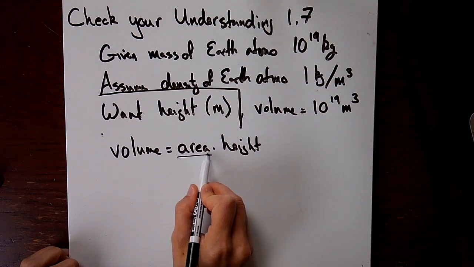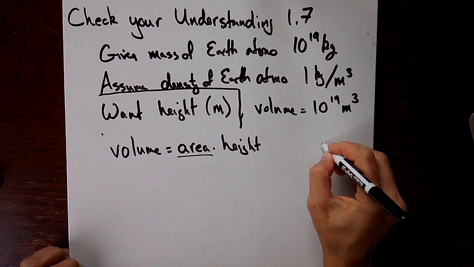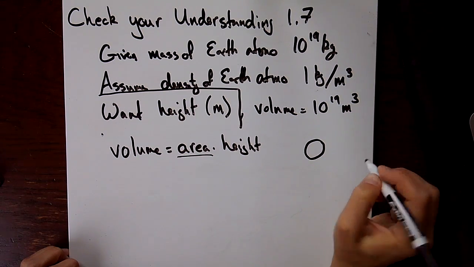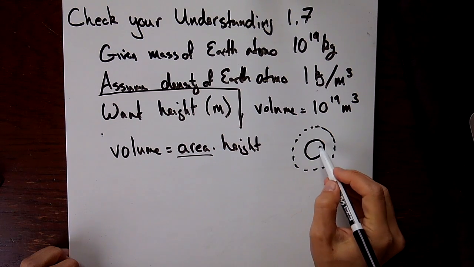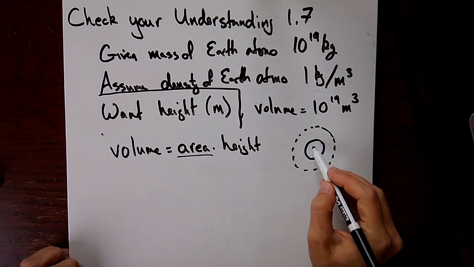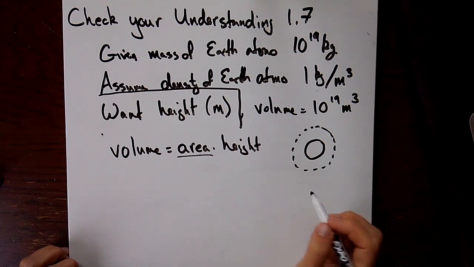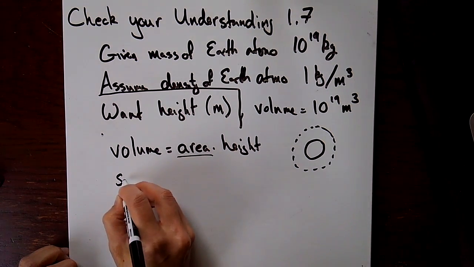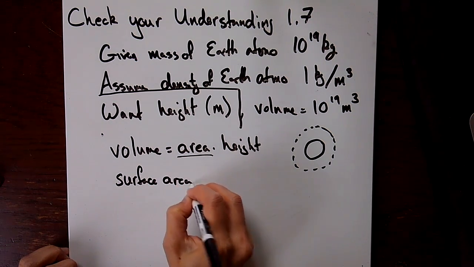So what area might I be interested in? Well, we've got the Earth, and then we've got its atmosphere around it. So the Earth is, roughly speaking, a sphere, and the atmosphere also is a sphere. And so let's do the surface area of a sphere.